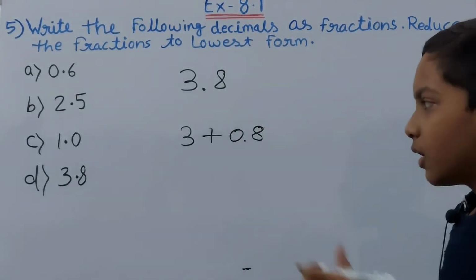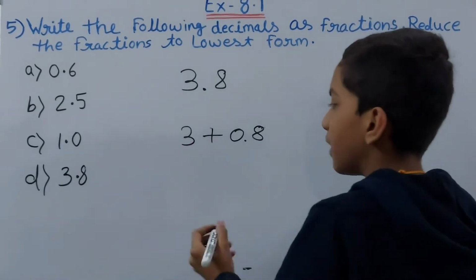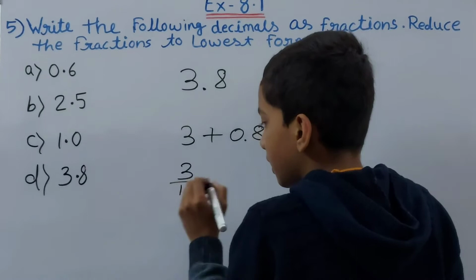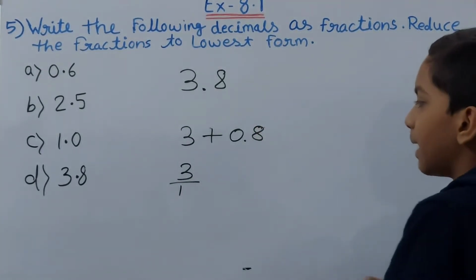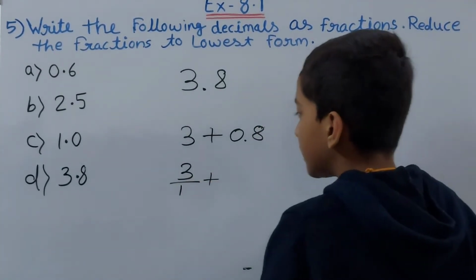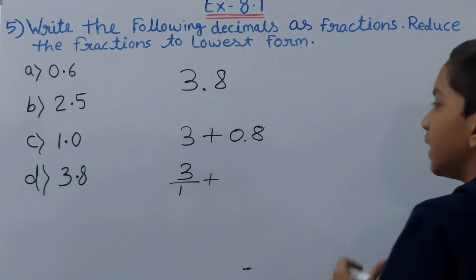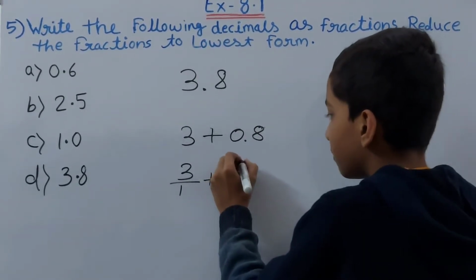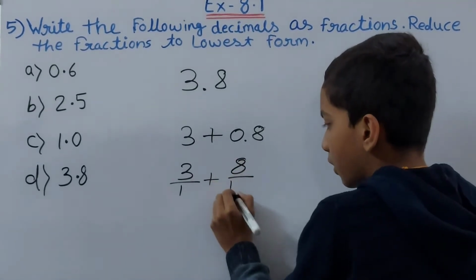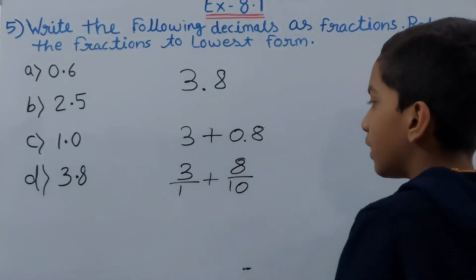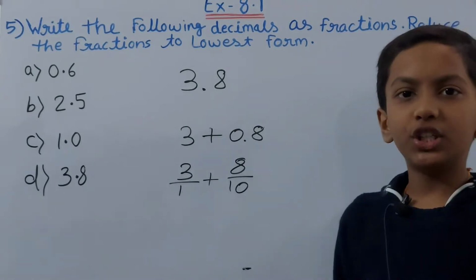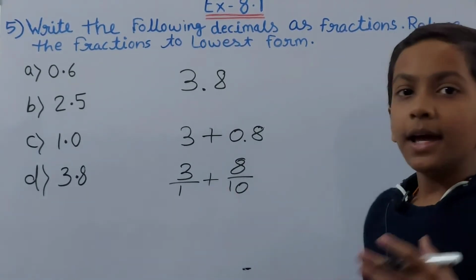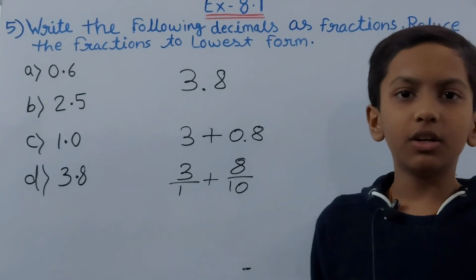Now we assume that this 3, when converted into a fraction, becomes 3 upon 1, plus the addition sign, and this 0.8 in fraction becomes 8 upon 10. Now friends, we are going to add them, but as always the denominators are not the same, so we cannot add them.